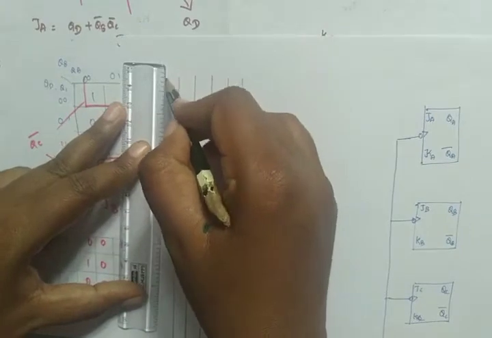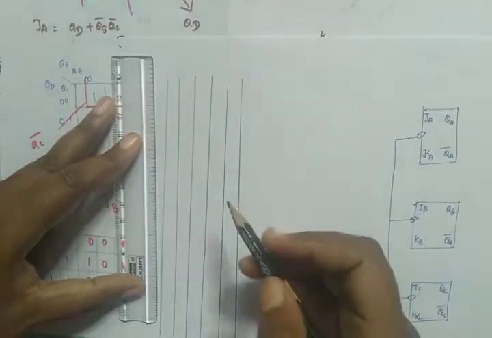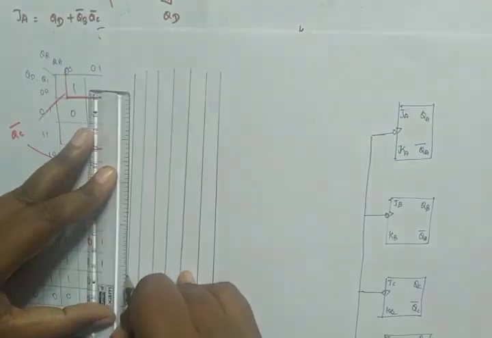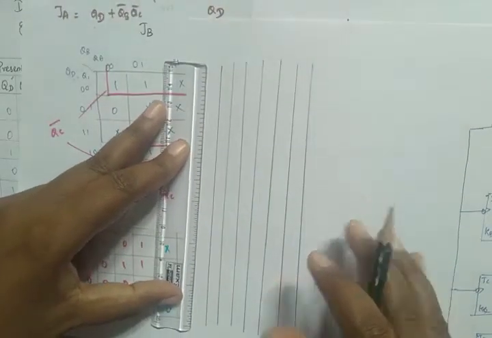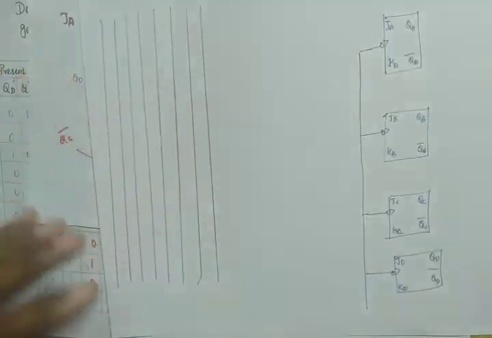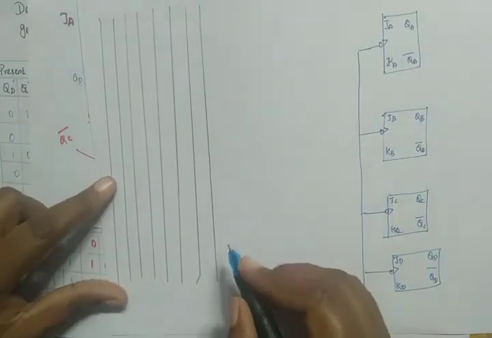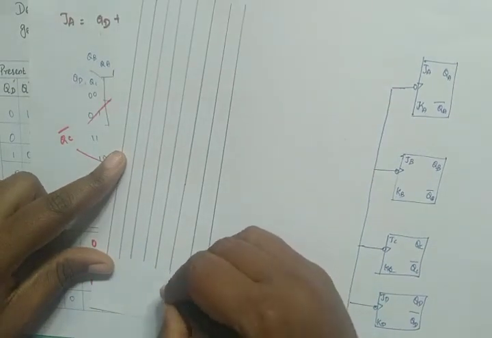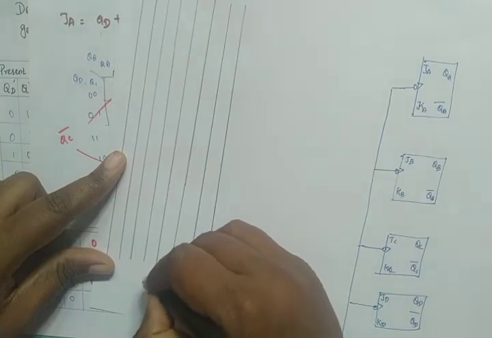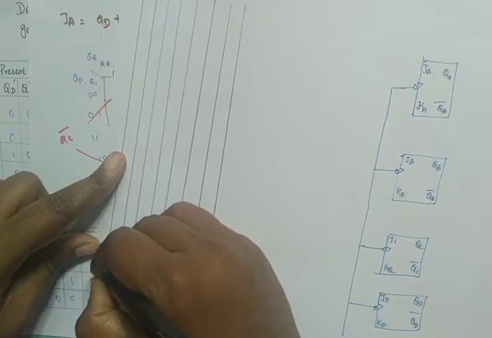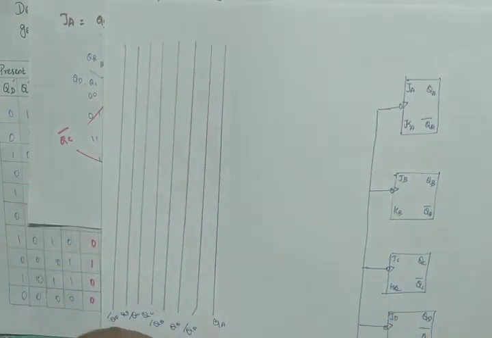This is QC bar. And here QD. Then the last one is QD bar. So let us take this as QA QB. This is QA. This is QA bar. QB QB bar. QC QC bar. QD QD bar.